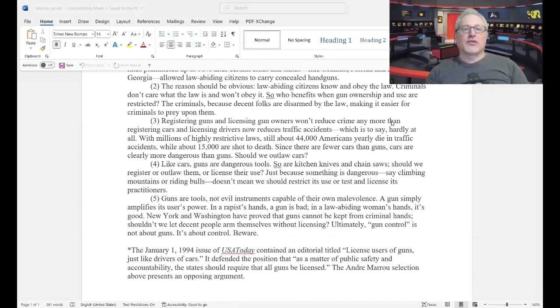Yes, it's probably arguing for, this information leads us to believe that it is arguing for the position that the government should not require that guns be licensed. So I've written down here, the government should not create legislation requiring that guns be licensed like cars.